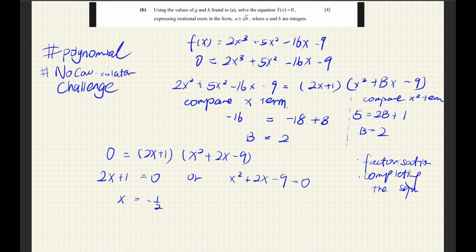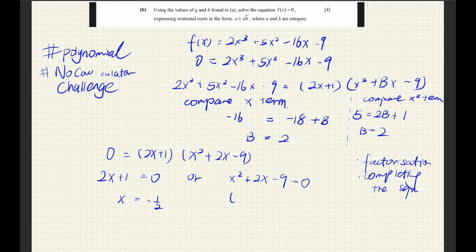Is factorization possible? No. 9 can be divided into 3 and 3, and 3 and 3 are not able to give us the value of 2, no matter how the calculation is done. So we may want to look at completing the square.